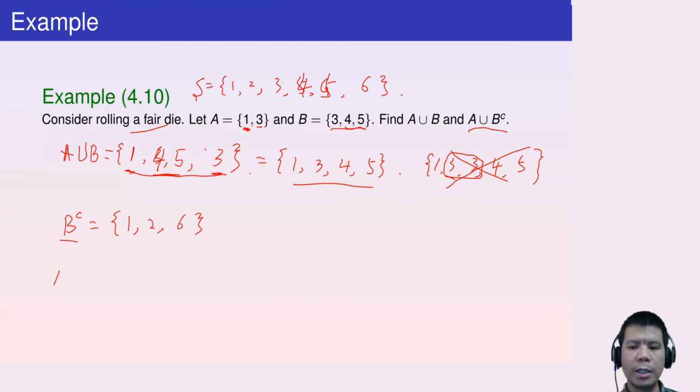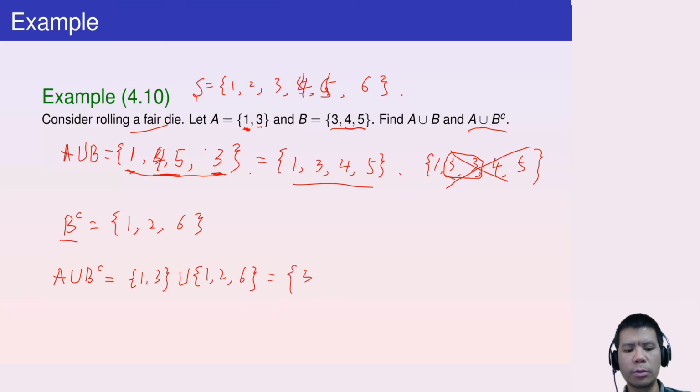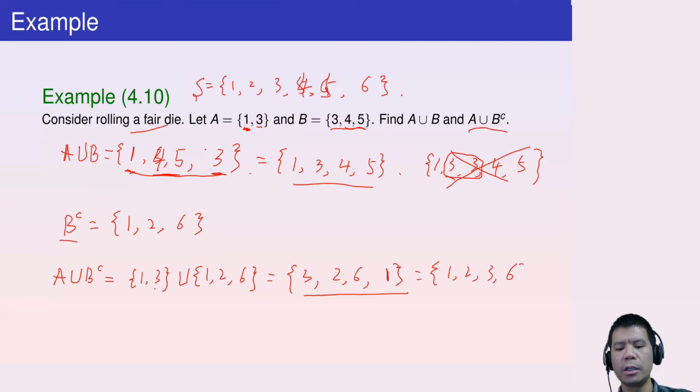Now from this one, we see A union B complement is simply what? 1, 3 union B complement 1, 2, 6. Now this one is either in A, 3, right? B, 2, 6, and in both, that's 1, right? So that is going to be the union. Or you can write it down as 1, 2, 3, 6 if you wish to. All right, so that's how we find the union of two events. Either in A, or B, or both.